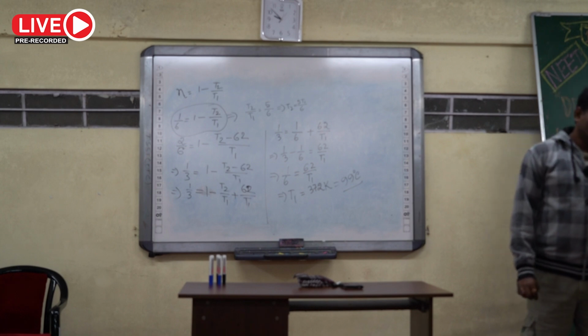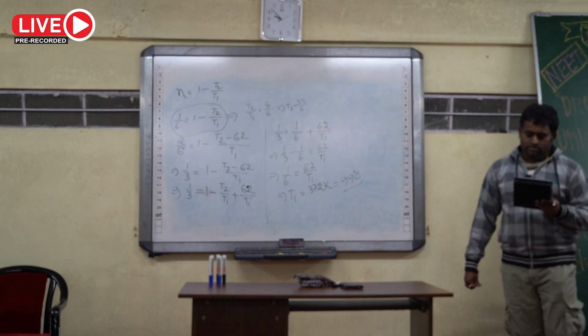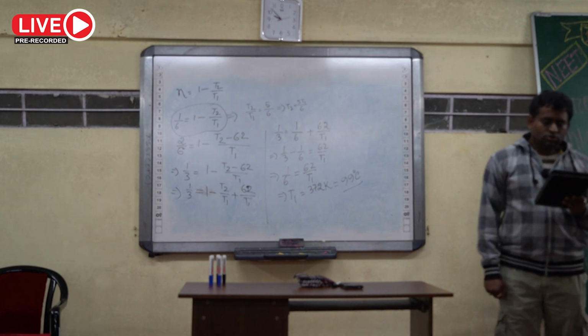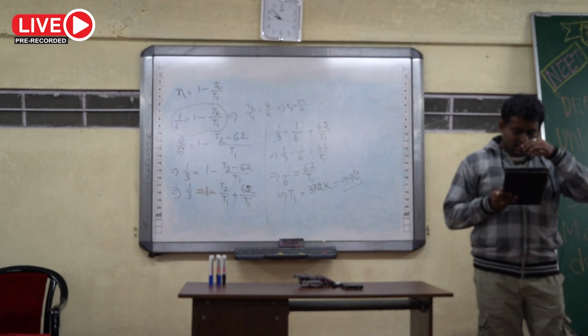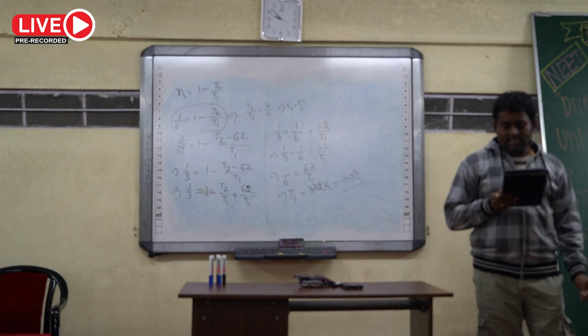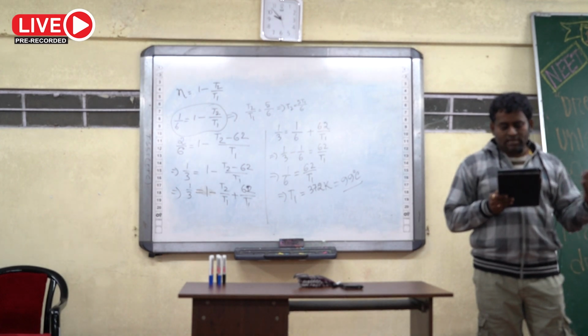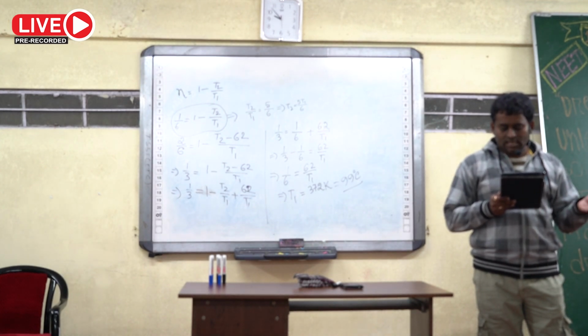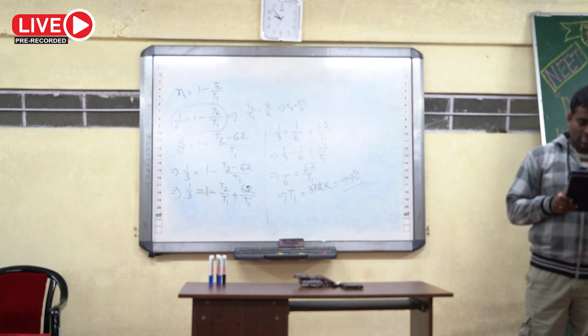By how much should the temperature of the source be increased so as to increase its efficiency by 50% of the original efficiency?